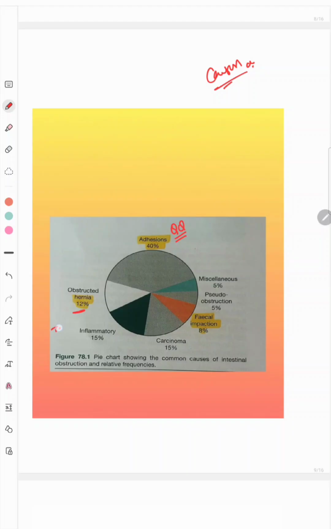Inflammatory causes like TB, Crohn's disease, 15%, carcinoma, 15%, fecal impaction, old age, constipation, 8%, pseudo-obstruction, Ogilvie syndrome, etc., small intestine, and miscellaneous. These slides show the causes.